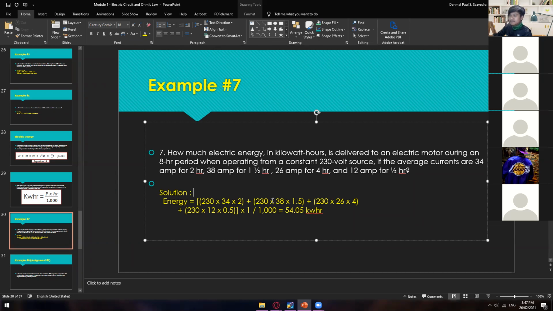Wherein you have to divide it by 1000 for you to get the kilowatt hour. Okay, so just do the math, or using your calculator, input this one, and then you will get this answer, 54.05 kilowatt hour.